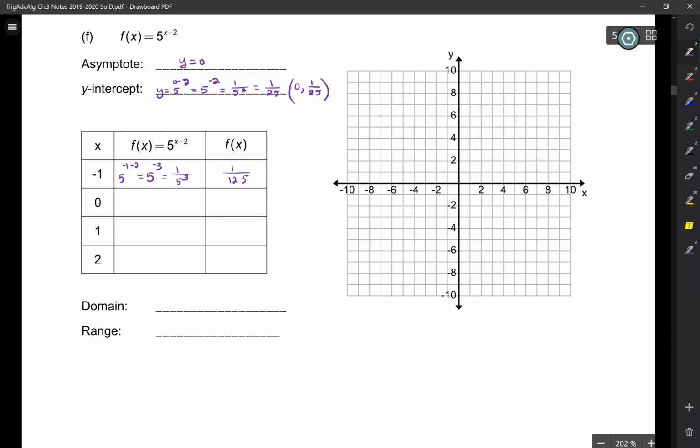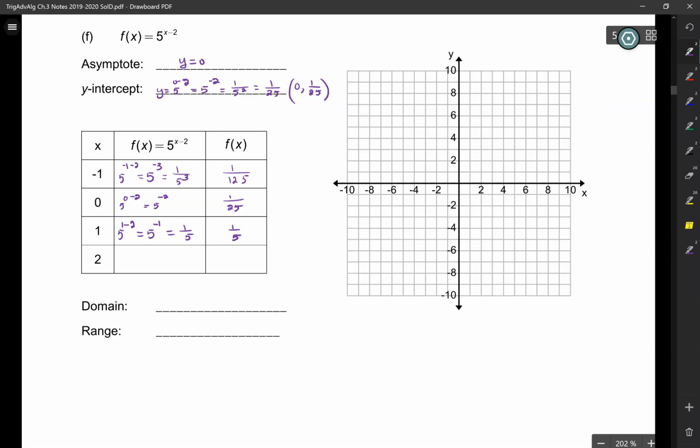Okay, that's not a graphable point. Okay, what about the next one? 5 to the 0 minus 2. I just did it up in the y-intercept, right? That's 1 over 25. 5 to the 1 minus 2. 5 to the negative 1. 1/5.